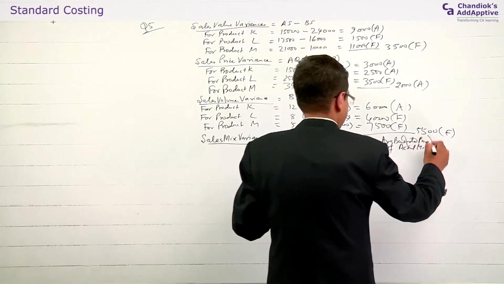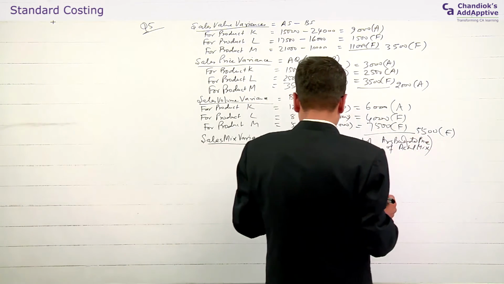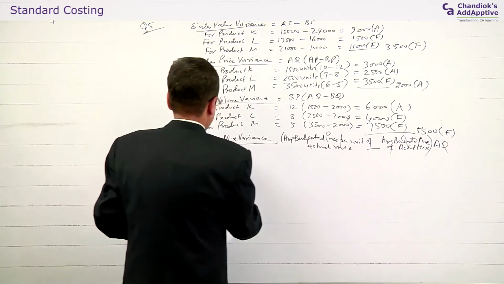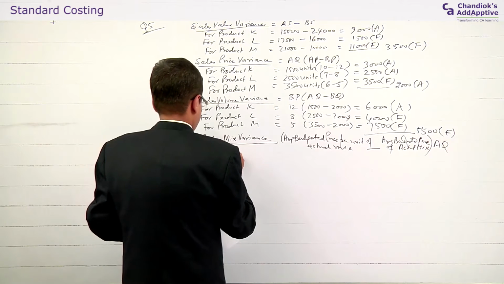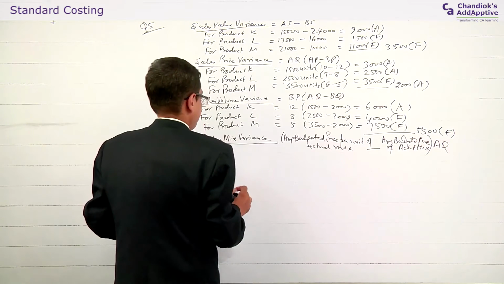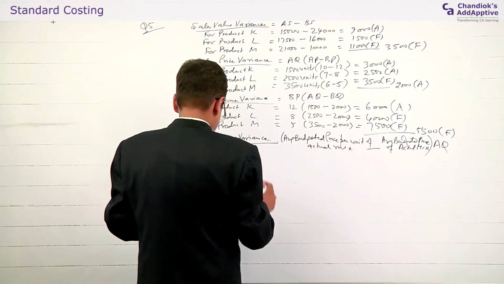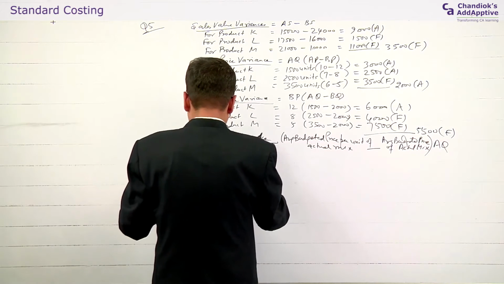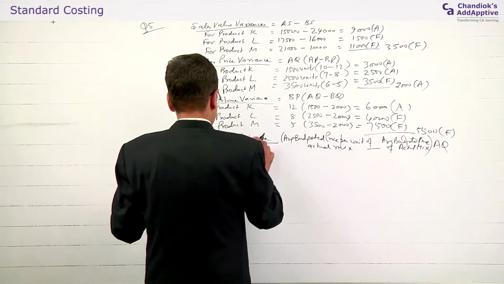This is multiplied with respect to actual quantity. Therefore, for K, for L, for M, we are going to calculate the value. So, what is the average mix variance?